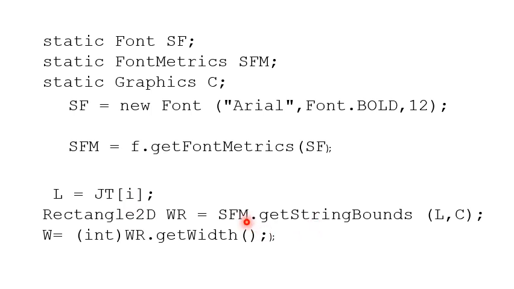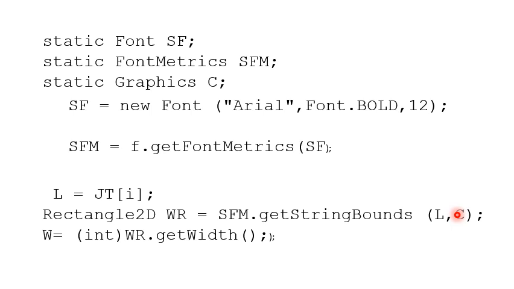And notice that when I measure the string, I pass it not only the string, not only something representing the font, but the place on which we're going to display it. I guess one thing to keep in mind is if you have a computer with several different graphics displays, the length of the string in pixels might vary depending on which graphics display you happen to have your text box in.